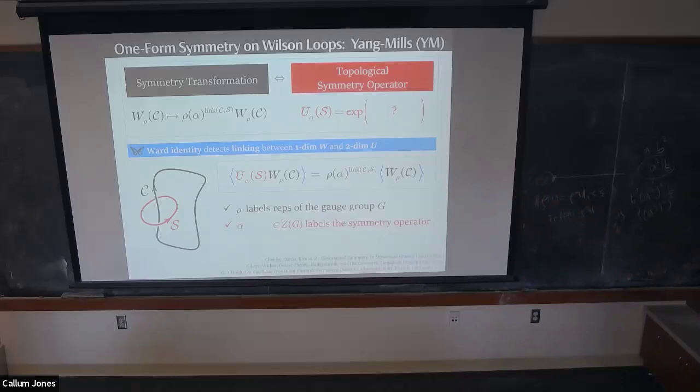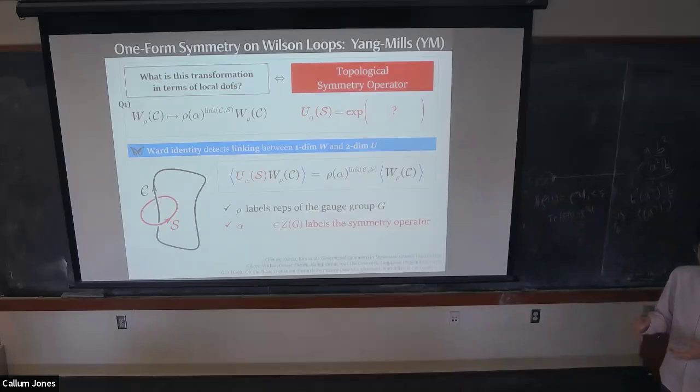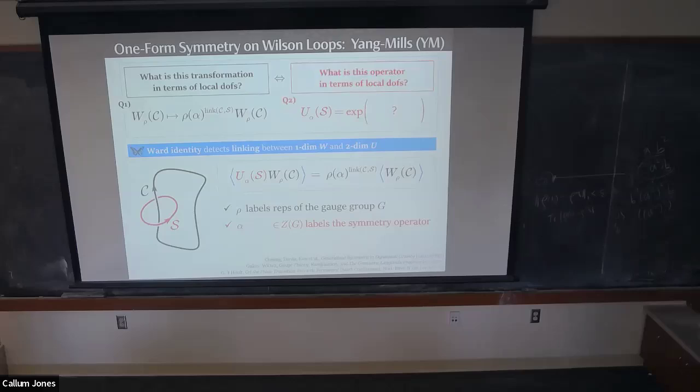But we can still ask, can we be more explicit? First of all, what is this transformation of the Wilson loop in terms of the local degrees of freedom? How does the gauge connection transform to make the Wilson loop transform in that way? That's the first question. The second question is, what is this mystery symmetry operator in terms of local degrees of freedom?